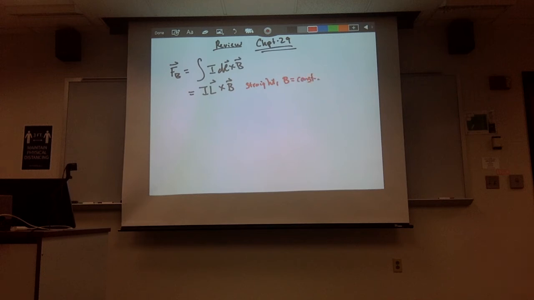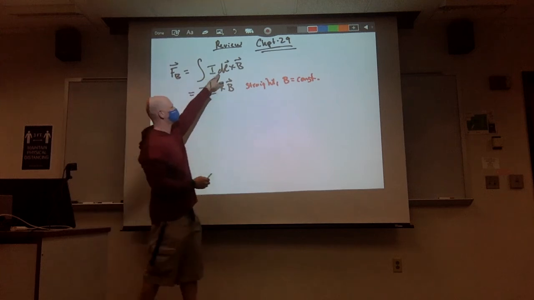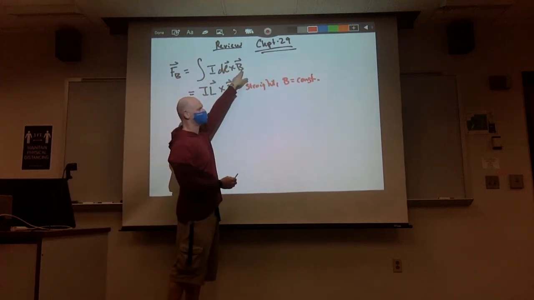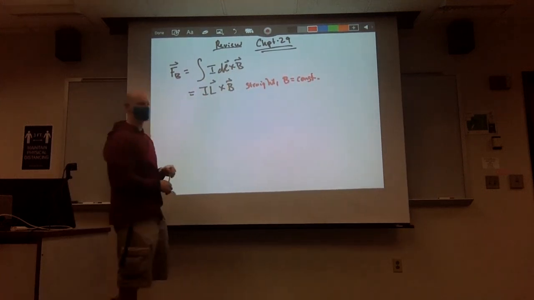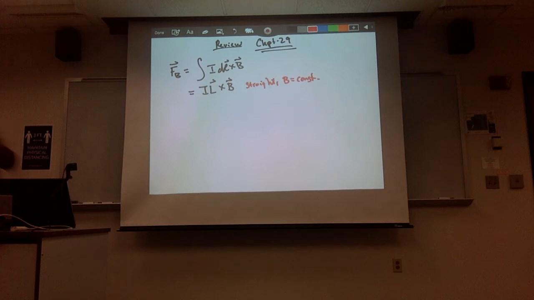If it's not straight, or the magnetic field is not constant, or both, then I would have to integrate and use the first one.